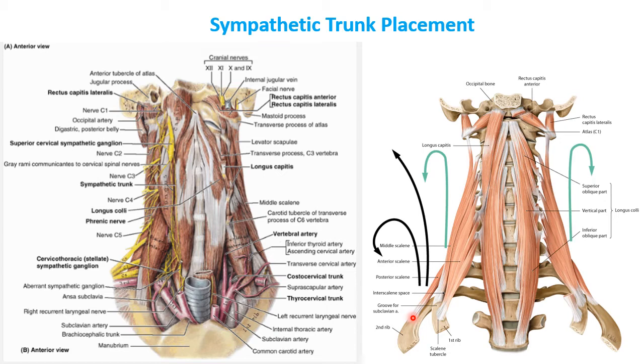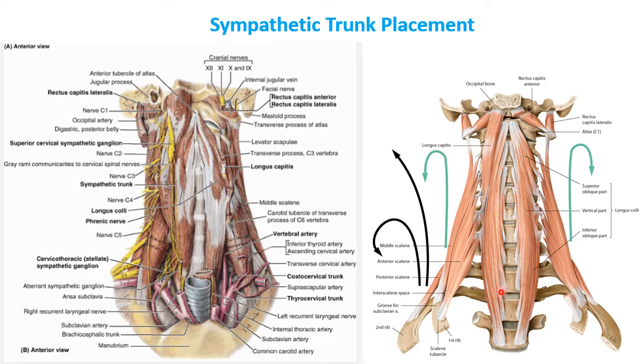We've been dealing with the scalenes ever since we did the thorax. We've also talked about the scalenes when we were dealing with the triangles, as well as when we did the cervical vertebra. So these are the scalenus muscles which are present more laterally. Now, anterior to the scalenes is present the carotid sheath.